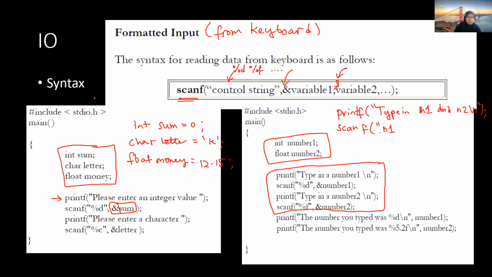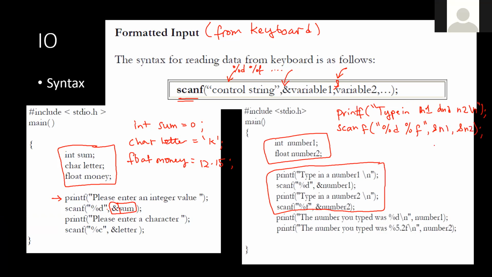There is an error. It should be specified. Okay, my number 1 is integer, so that is D. My number 2 is a float, and then N1, ampersand, N2.